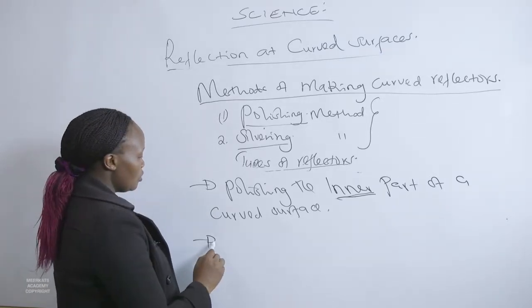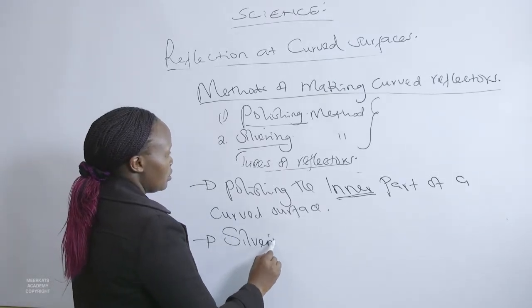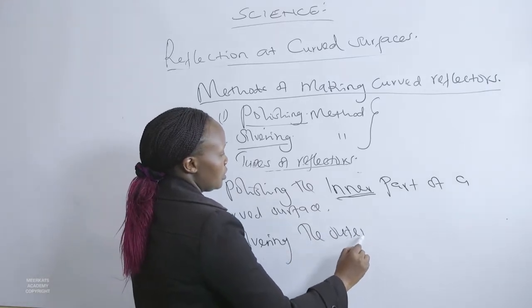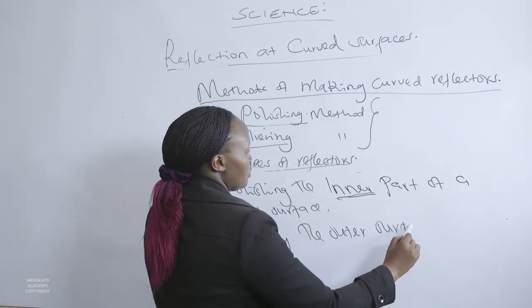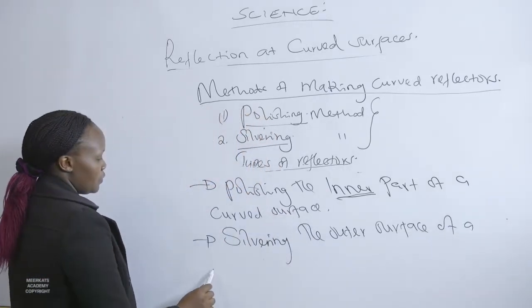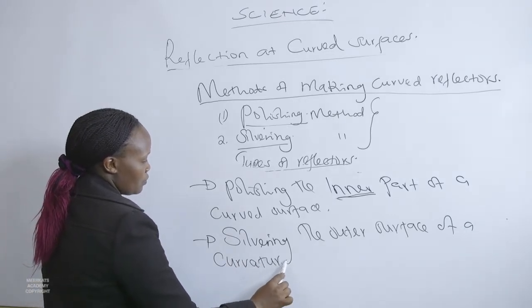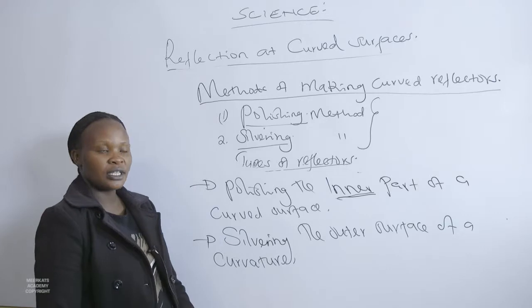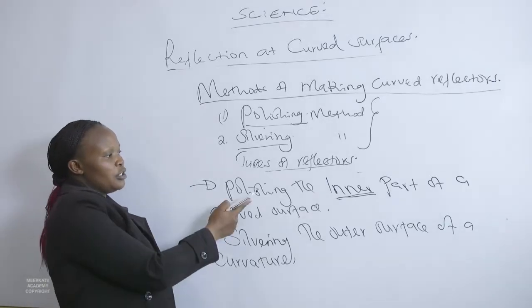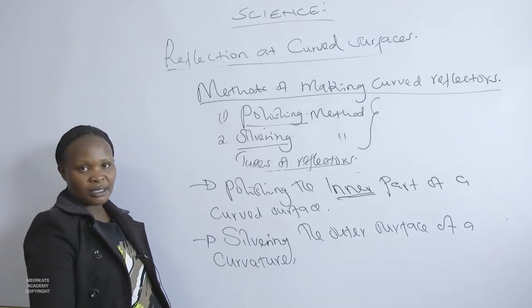We could also silver the outer surface of a curvature. So either way, whether we polish the inner part or we silver the outer part.